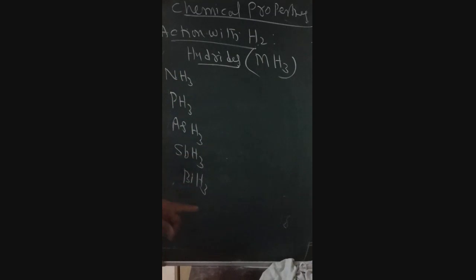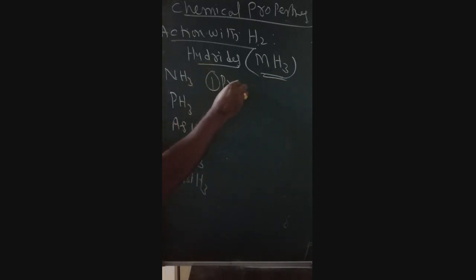Now we will discuss some properties of these hydrides. This is the general formula. Now your first point is about preparation. How to prepare these hydrides? These hydrides are prepared from binary compounds.